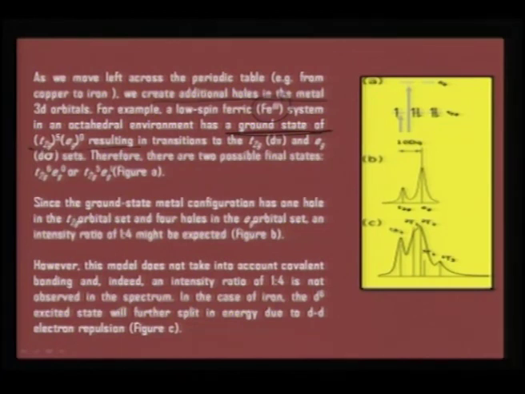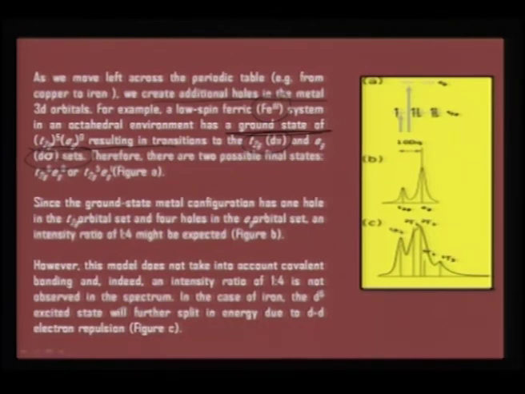This results in transitions to the t2g and eg sets. Therefore, there are two possible final states when you promote a 2p electron to either of these 3d orbitals.